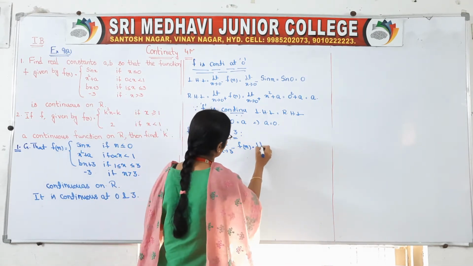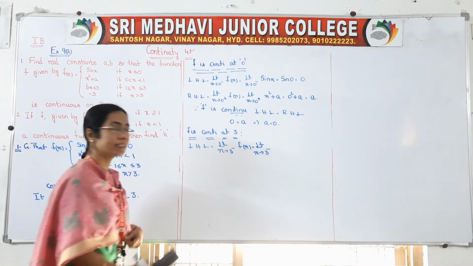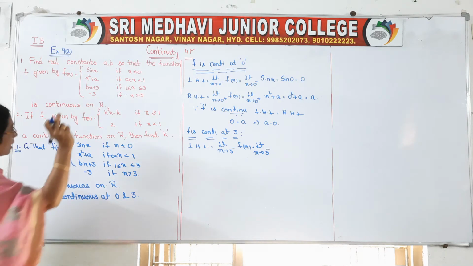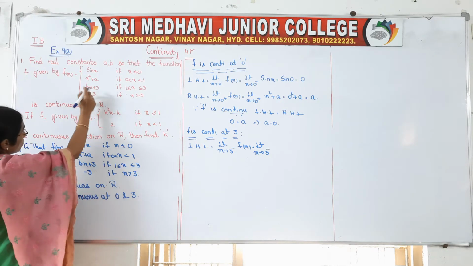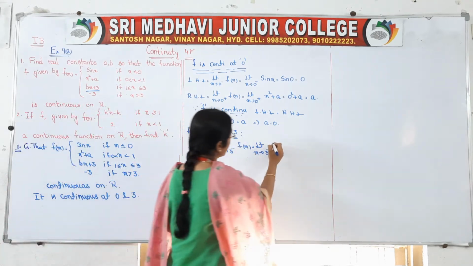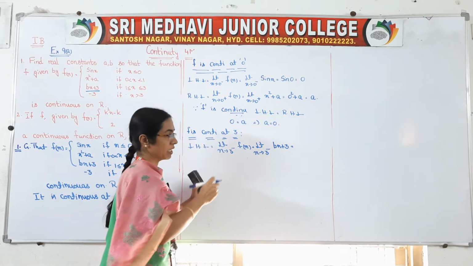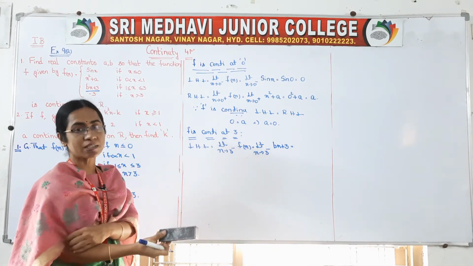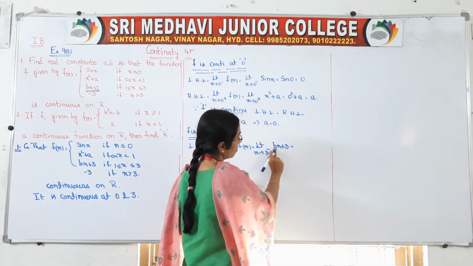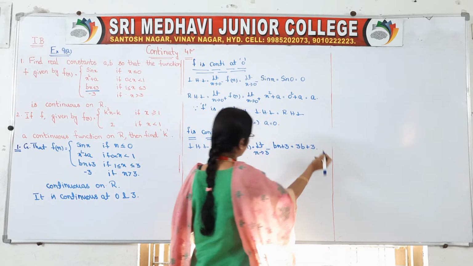If x value is less than 3, the function is defined as bx plus 3. So substitute the limit, right? 3 minus means 3 only. So it is here 3b plus 3.